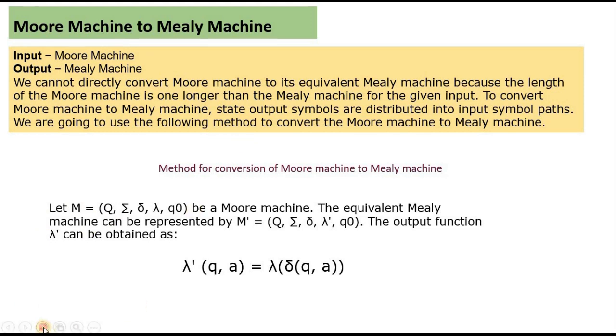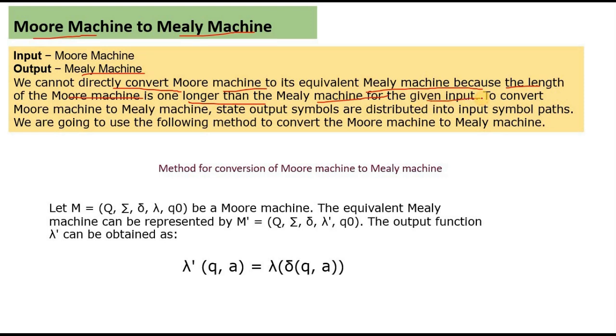In some situations we need to convert one model to another model. So here the input is a Moore machine and the output is a Mealy machine. We cannot directly convert the Moore machine to its equivalent Mealy machine because the length of the Moore machine output is longer than that of the Mealy machine for a given input.